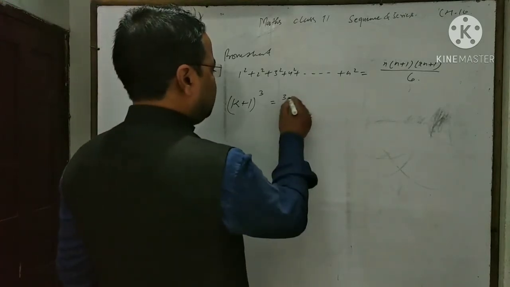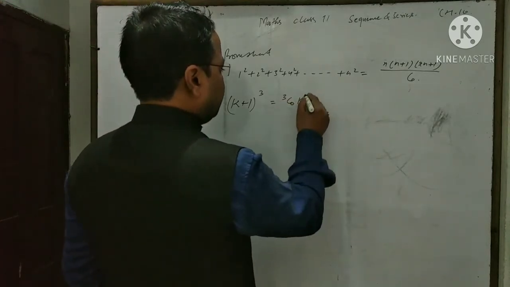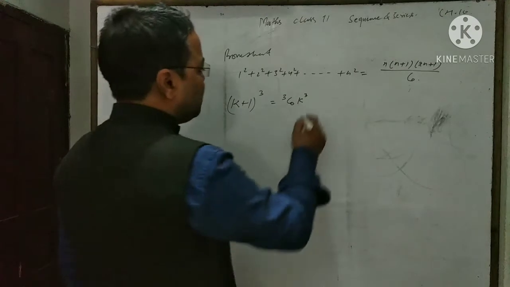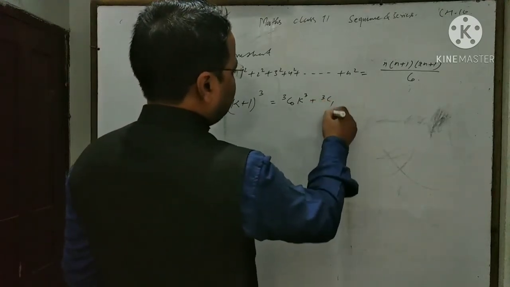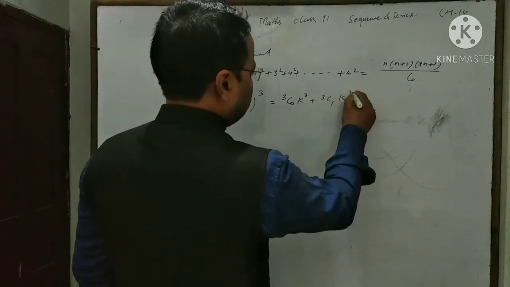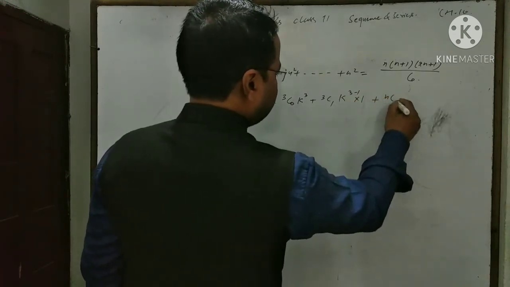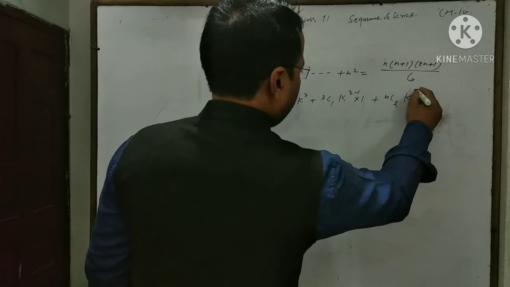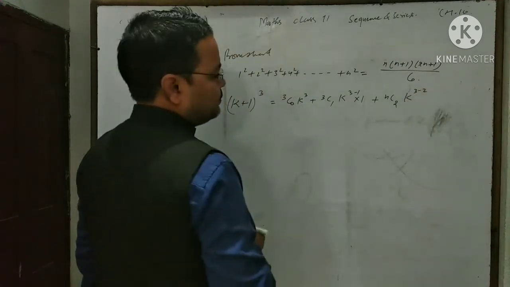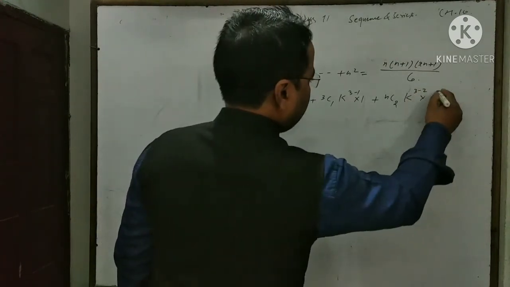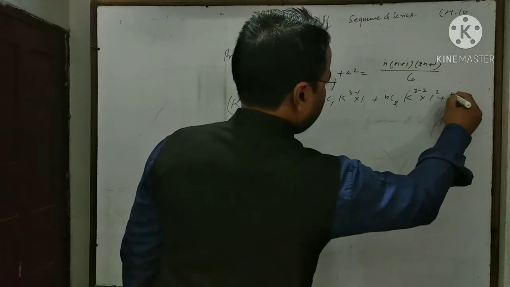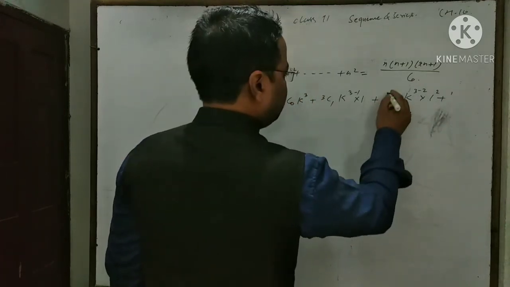Then it will be 3C0 k raised to the power 3, plus 3C1 k raised to the power 3 minus 1 into 1, plus 3C2 k raised to the power 3 minus 2 and here 1 square, plus, at the place of n what we should write? 3.